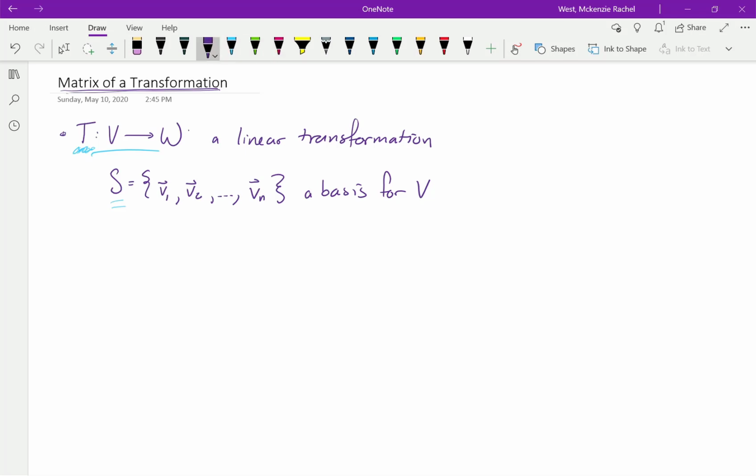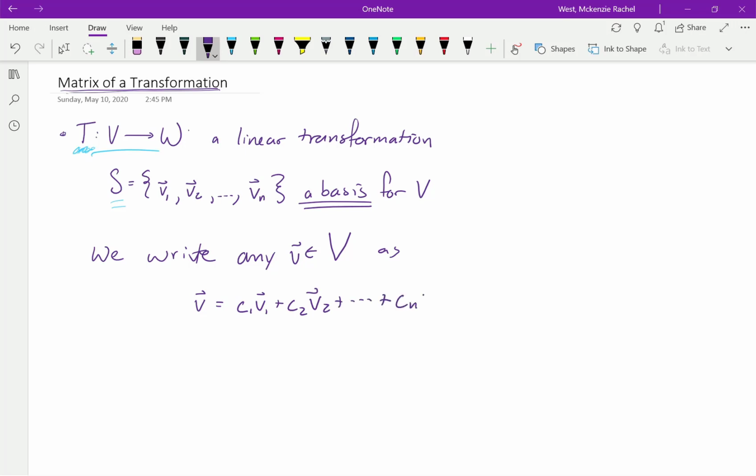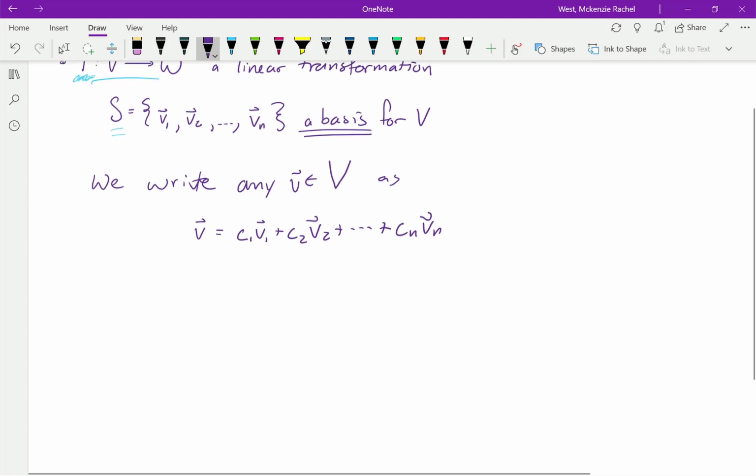So last time we saw something along the lines of, since S is a basis, we can write any vector v within our larger vector space as some linear combination c1 v1 plus c2 v2 all the way down to cn vn, where c1, c2 through cn are scalars.